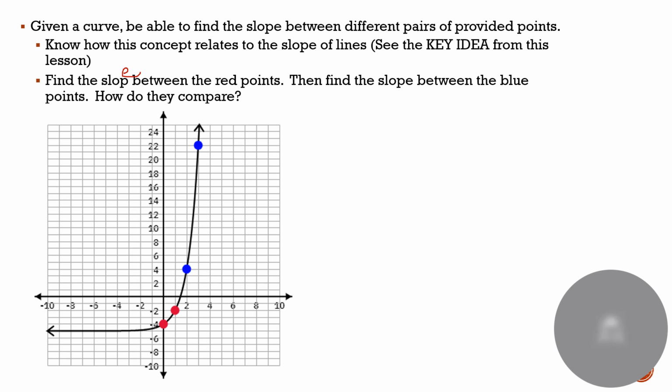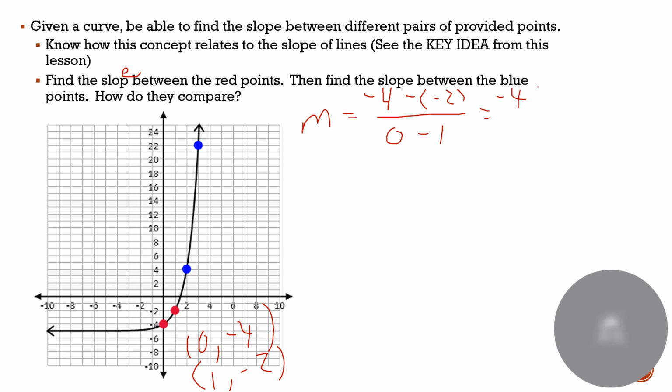So I'll do the red points in red, and the red points appear to be at 0, -4, and 1, -2. So for the red one, we might do -4 minus -2 over 0 minus 1. I don't know why I did it that way.